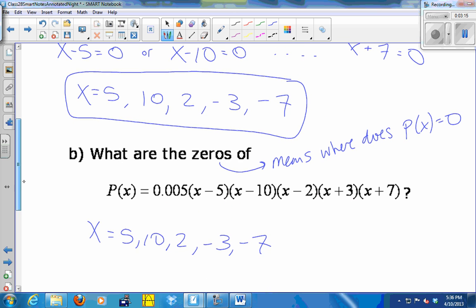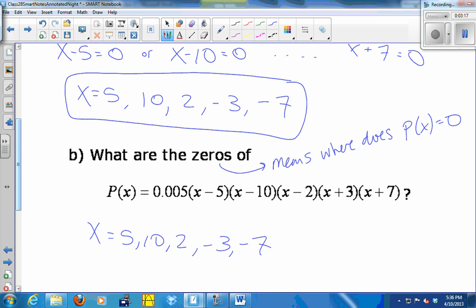Now, what question that we're sometimes asked uses the procedure of making y 0 when solving? What question are we usually answering when we do that? We're talking about the graph of a function.